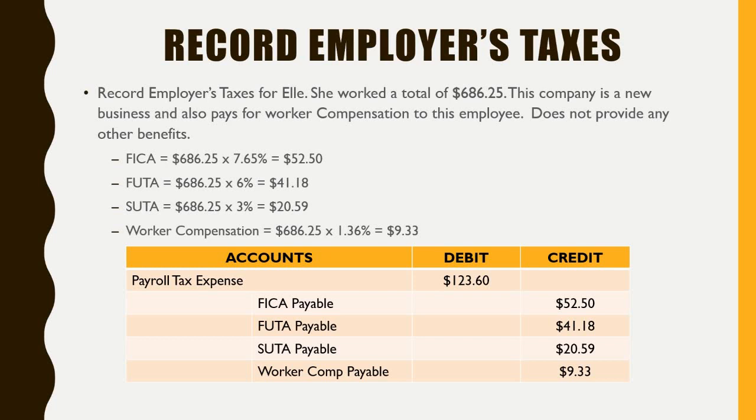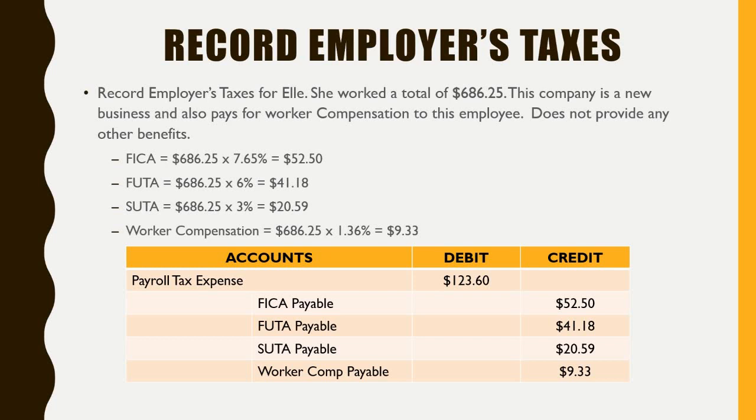Whatever the employee puts in, we must match at 100%, which we already calculated to be a total of 7.65% of the gross earnings of the $686.25, which gave us a grand total of $52.50.